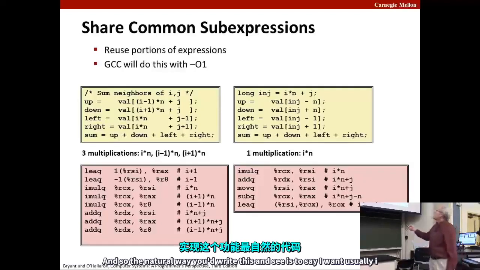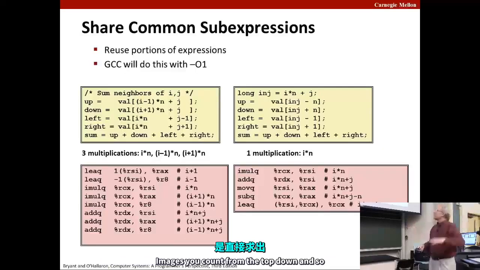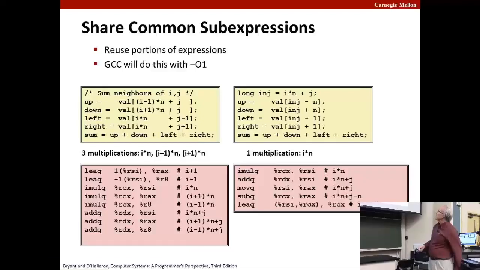The natural way you'd write this in C is, usually in images you count from the top down, so this is the pixel above, this is the pixel below, this is the pixel to the left, and this is the pixel to the right.